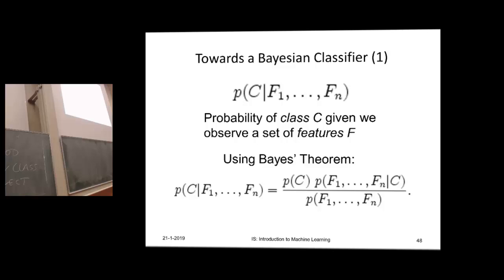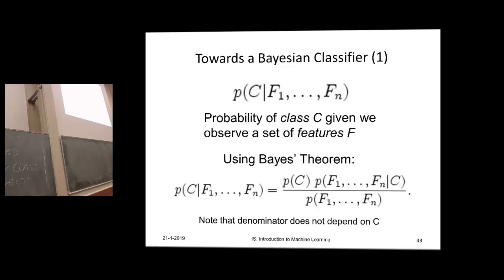Yeah. So that's great news because in principle we have a collection of previously trained emails, and we know the features in them because we have the words, and we can calculate these probabilities. So we can simply calculate the probability where this is spam and the probability where this is ham for any input of features F1 to Fn.